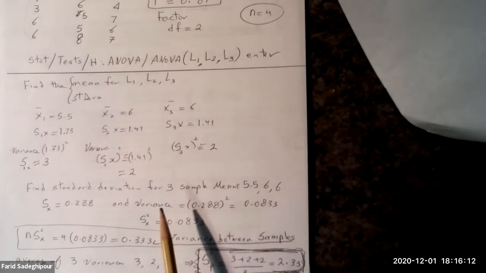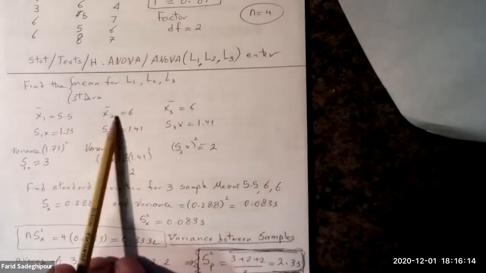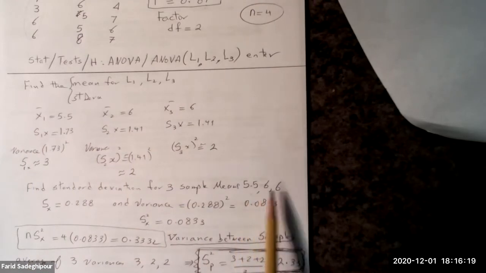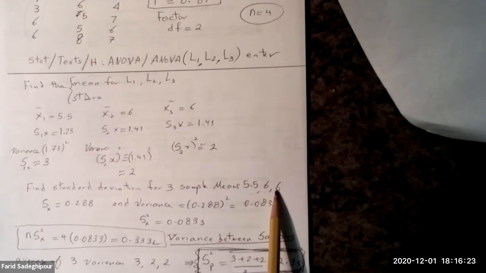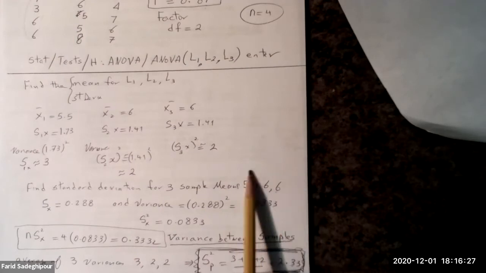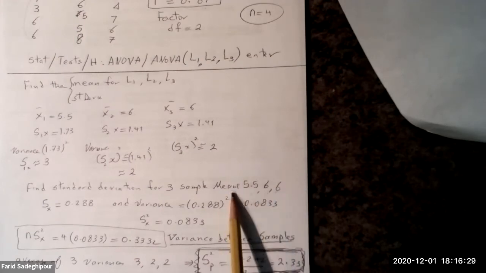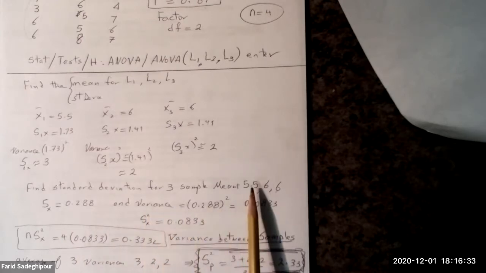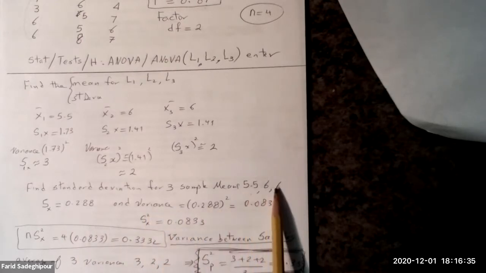First you find the average of these three means, which are 5.5, 6, and so on, and you take the average of these three. And also you find the variance of these three. You could also use your calculator. You put all this into L4 and use the calculator under calculations, like here.